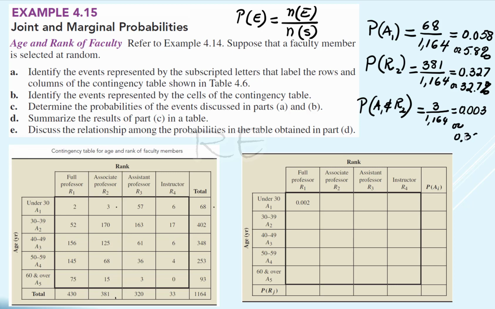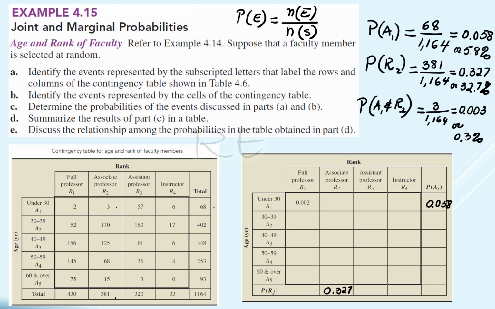Let us write them down on the table. P of A1, 0.058. P of R2, all the way at the bottom, 32.7 or 0.327.